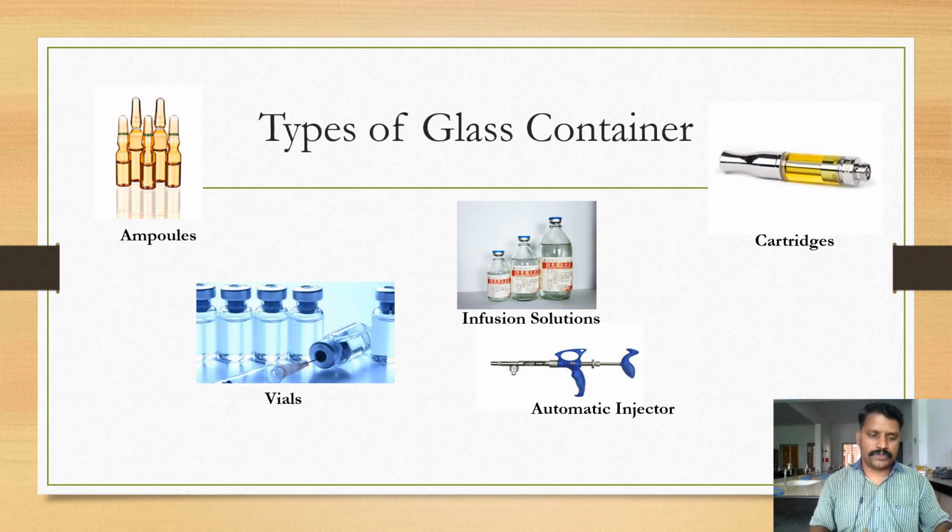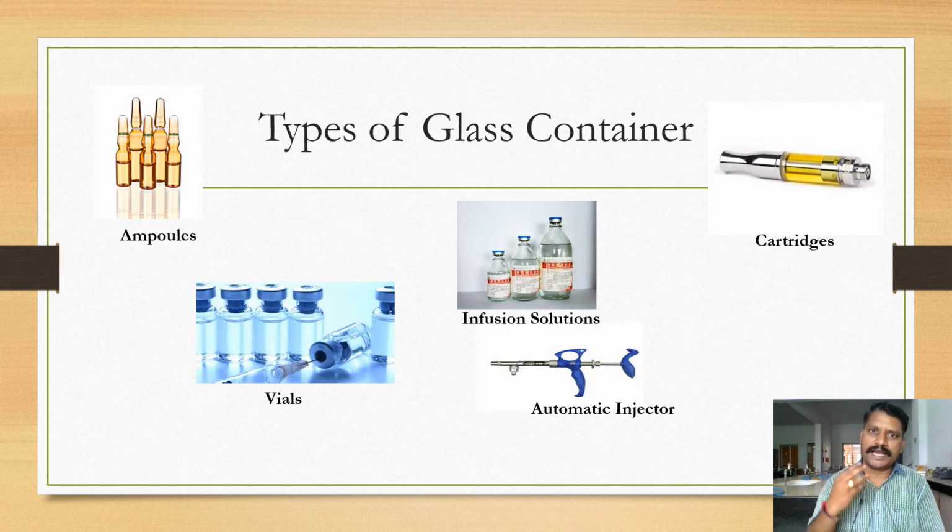Certain drugs which are unstable in solution form are packaged in a vial in powder form. In the previous lecture we have already discussed the different terminologies and definitions as per the USP: for injection, for suspension, and so on.